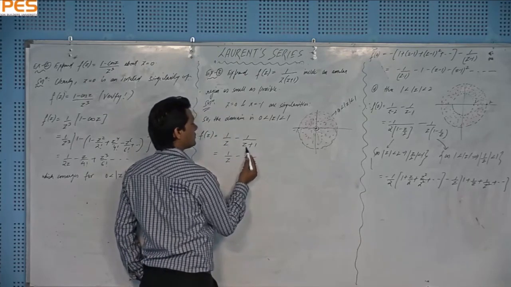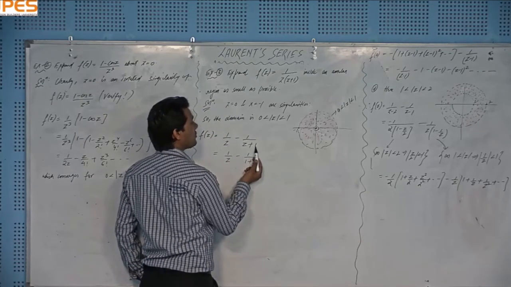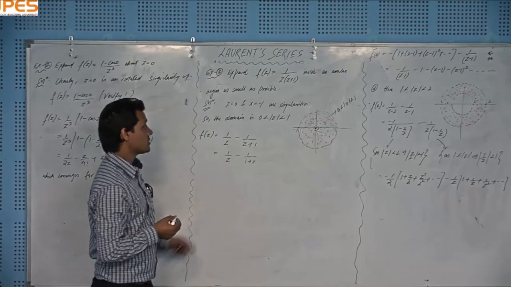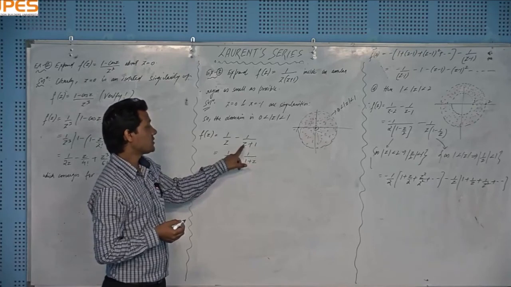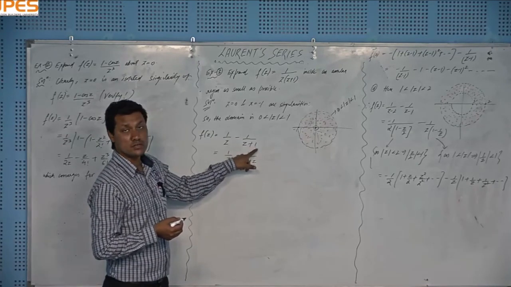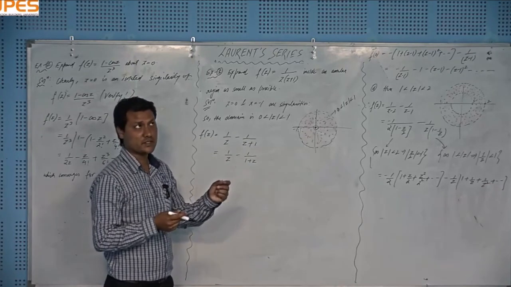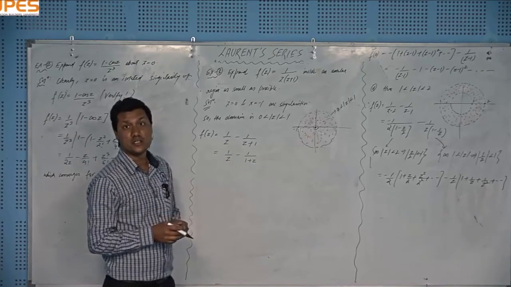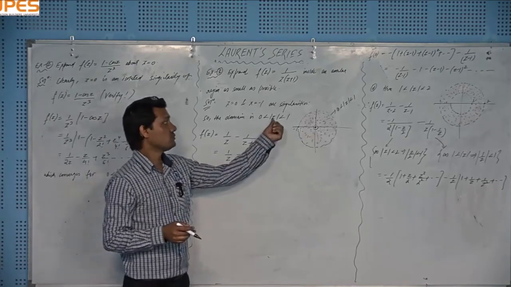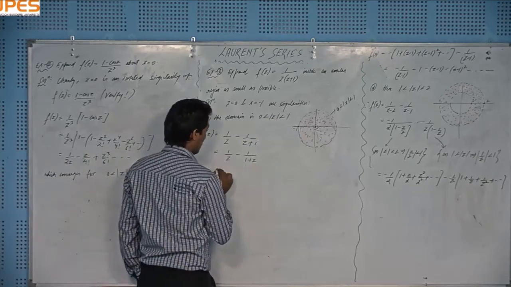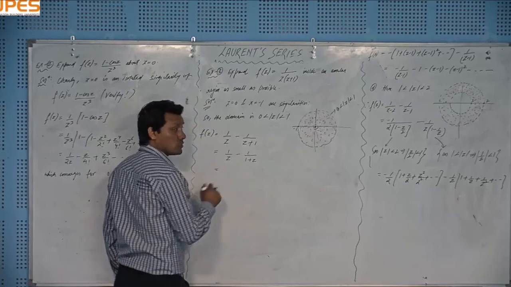Or you can take 1 common, that is fine, but taking z common will be wrong, because in that case this term will become 1 over z, and 1 over z should be less than 1, meaning |z| should be greater than 1, whereas here |z| is less than 1. So you cannot take z common, you can take 1 common only, right?